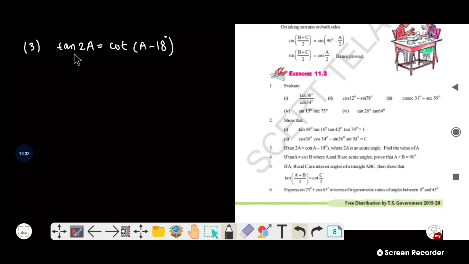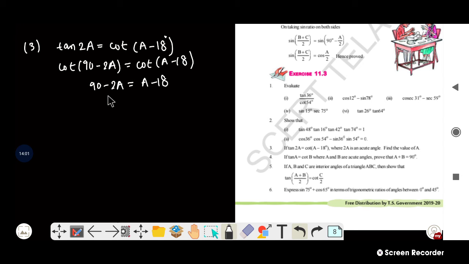First of all, tan 2a means cot (90 minus 2a) is equal to cot (a minus 18). So on both sides I am going to cancel the cot. 90 minus 2a is equal to a minus 18.